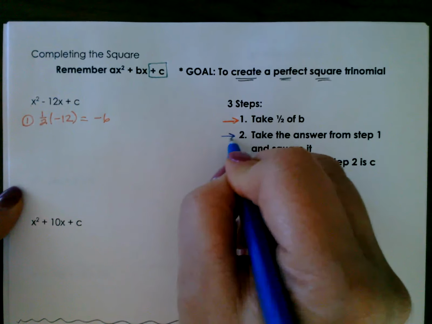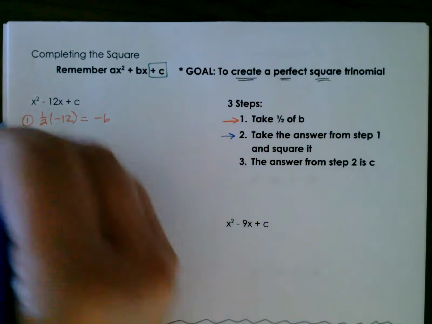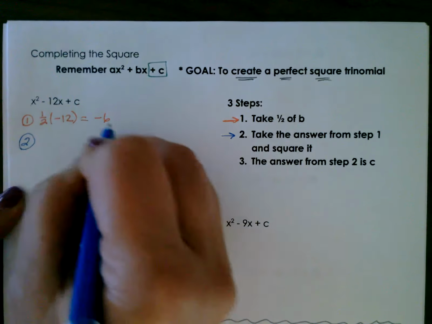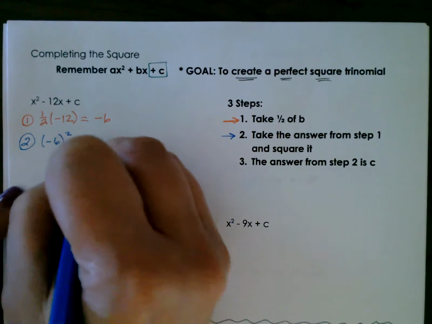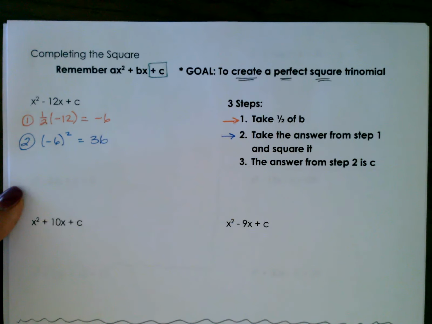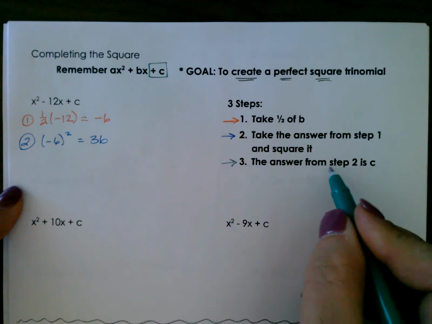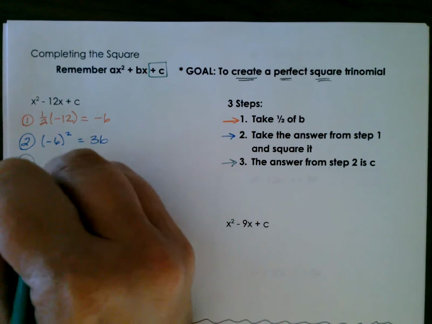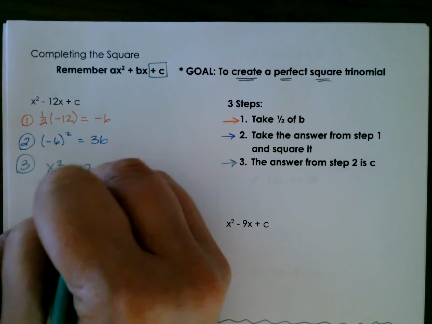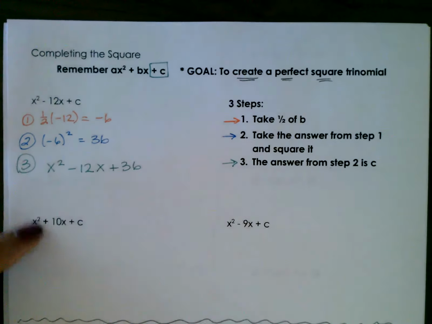Step 2, take the answer from step 1 and square it. Step 3, the answer from step 2 is C. So I would have x squared minus 12x plus 36.